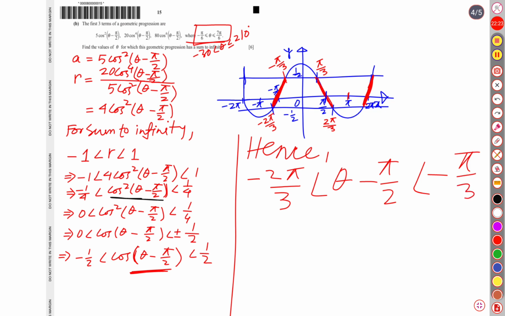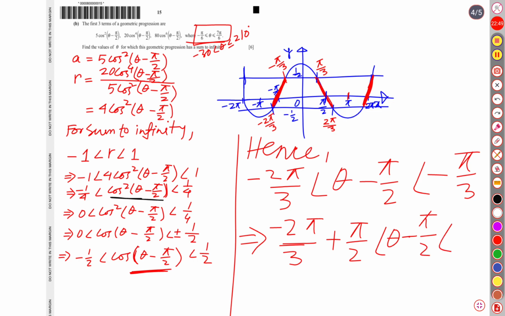We are calculating the first, the negative value of theta. So if we add pi over 2, it is going to be negative 2 pi over 3 plus pi over 2.